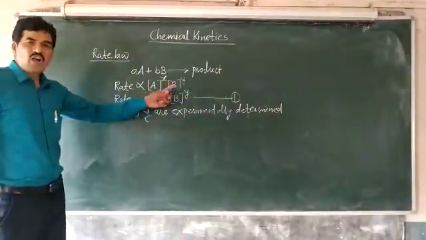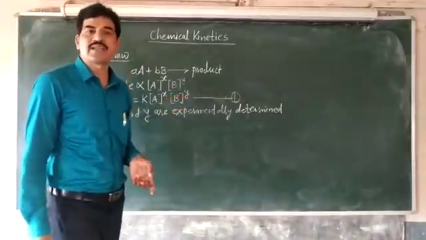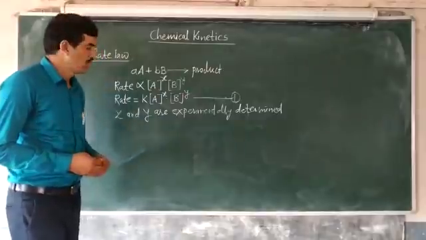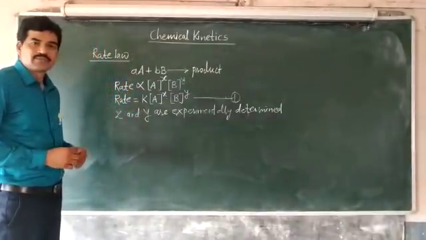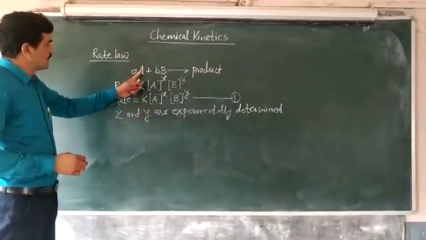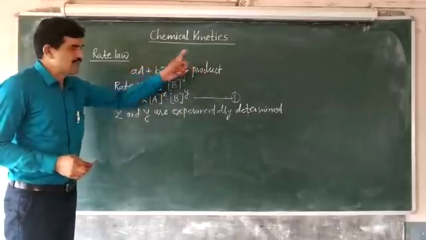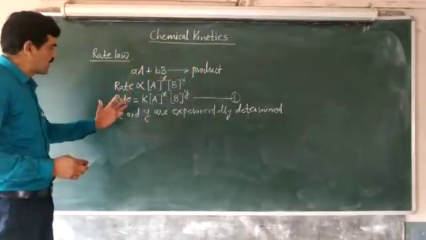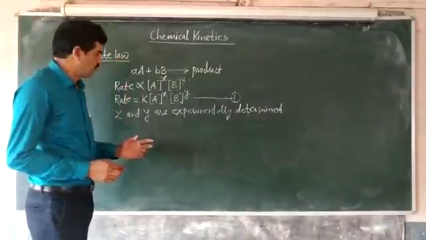So to write the rate law of any chemical reaction, it is necessary to study the reaction experimentally. Until then we cannot write the rate law of the reaction. The rate law cannot be written from the stoichiometric equation, the balanced chemical equation. The rate law is obtained experimentally.